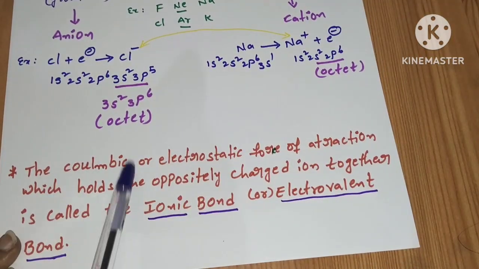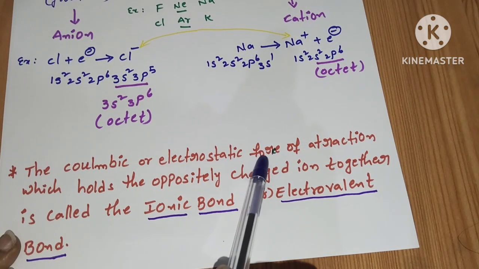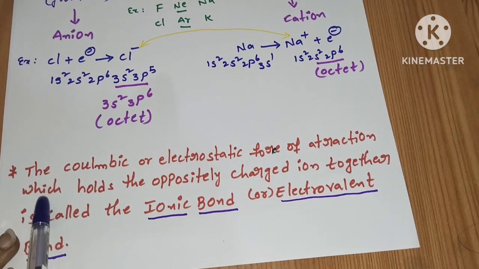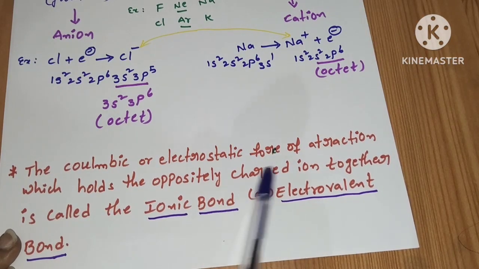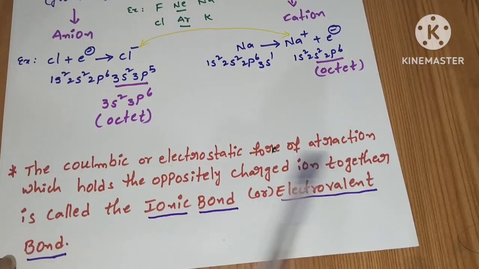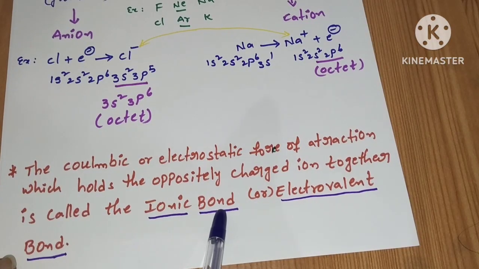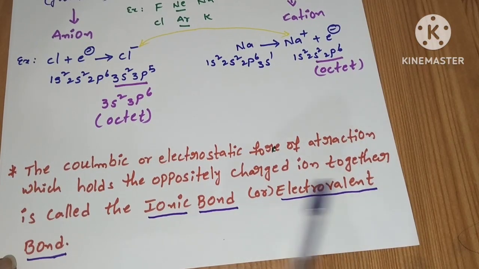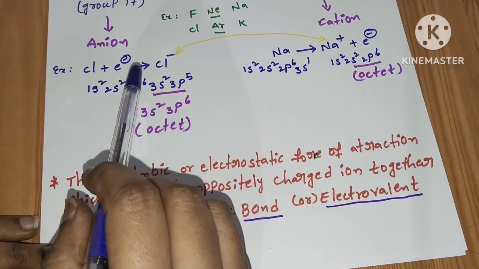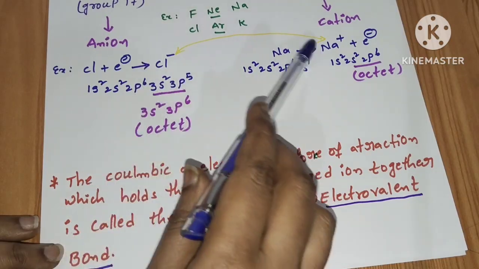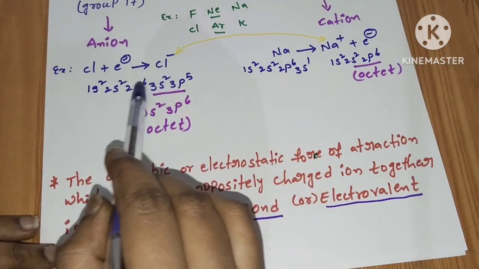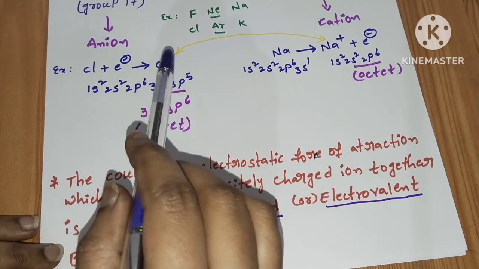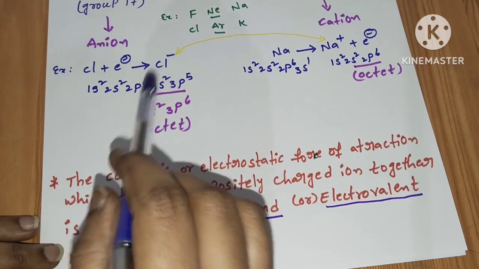So the Coulombic or electrostatic force of attraction which holds the oppositely charged ions together is called the ionic bond or electrovalent bond. The charge present on the ions is responsible for the Coulombic or electrostatic force of attraction.